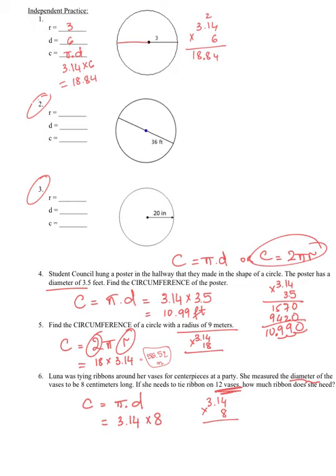Don't forget that I have 12 vases, so I'm going to multiply with 12. I moved my decimal 2 places again. So for 12 vases, the answer will be 301.44 centimeters.